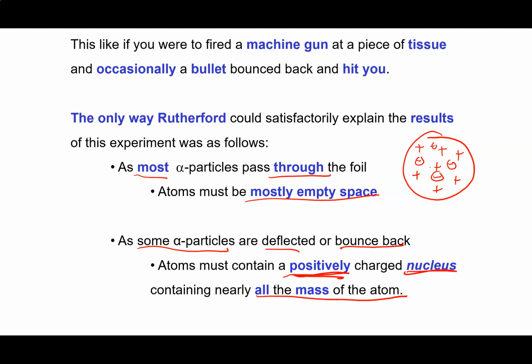He knew it wasn't the electrons that were doing the deflecting, and you have to squish all of the positive part of the atom down to a tiny little pinprick, and then you're going to kind of leave the electrons out there, in order to get the density of matter that would be able to deflect or bounce back one of these alpha particles. So you've got to squish that positive stuff down into what he called a nucleus. Okay, and then the math worked out, you could explain the way that these alpha particles were being scattered.